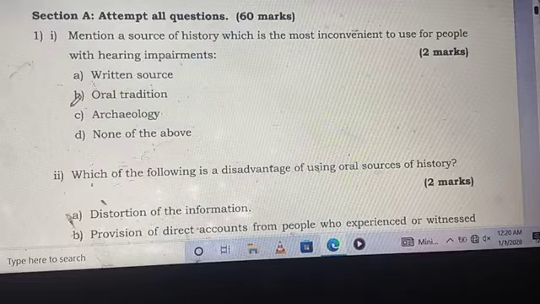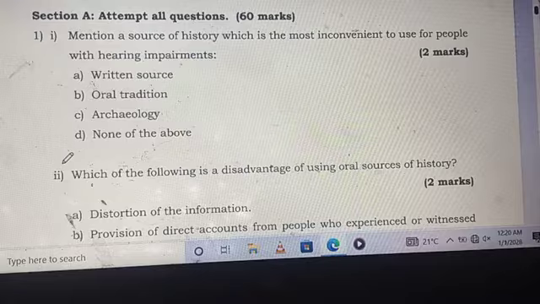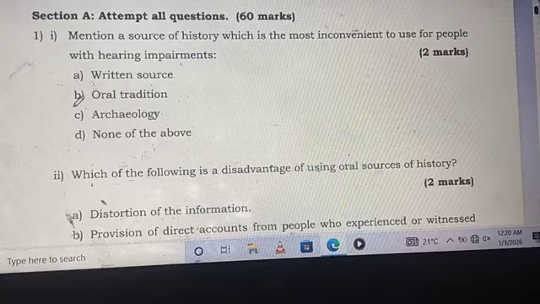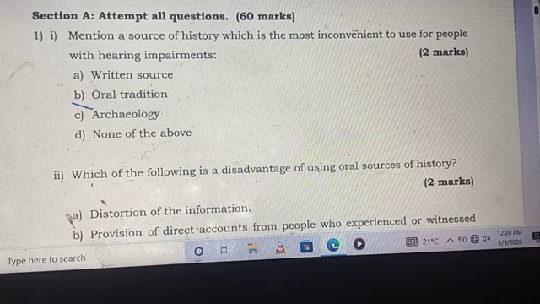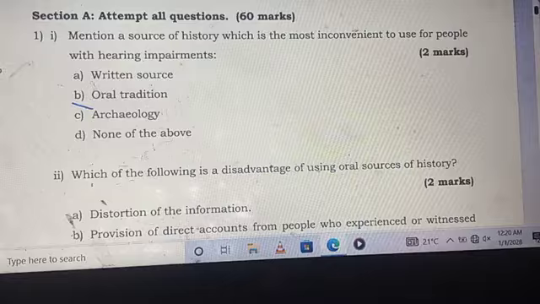We have 4 options, A, B, C, D. The best answer is letter B, oral tradition. It depends on hearing, so people with hearing impairments may find it difficult to use.